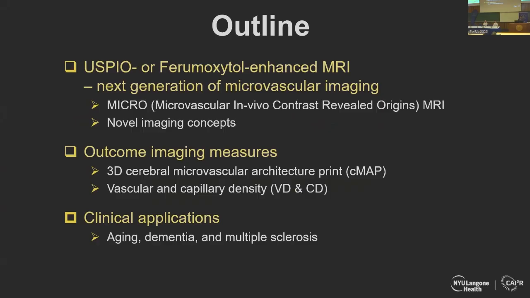The technique used here is called MIVIC, short for microvascular in vivo contrast revealed origins. I will first introduce several key imaging concepts, followed by the imaging outcome measures it provides. And lastly, I want to discuss its clinical applications and future potential in the field.